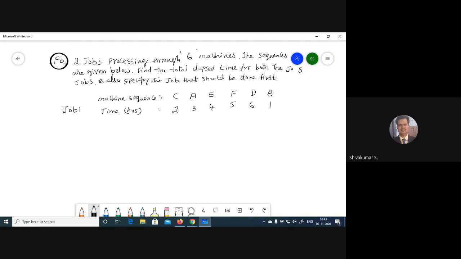Similarly, you have job 2, machine sequence B, A, E, F, C, D and time in hours 3, 2, 5, 3, 2, 3. This is the 12 marks problem.